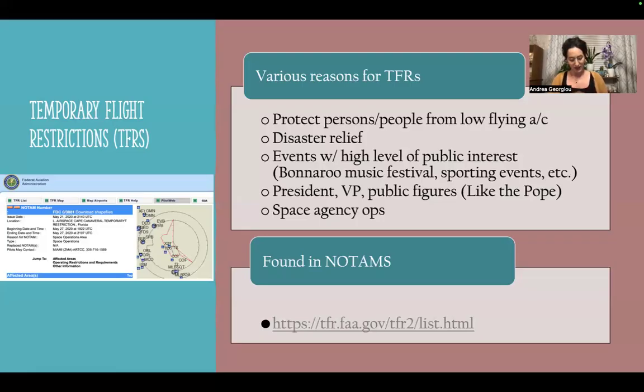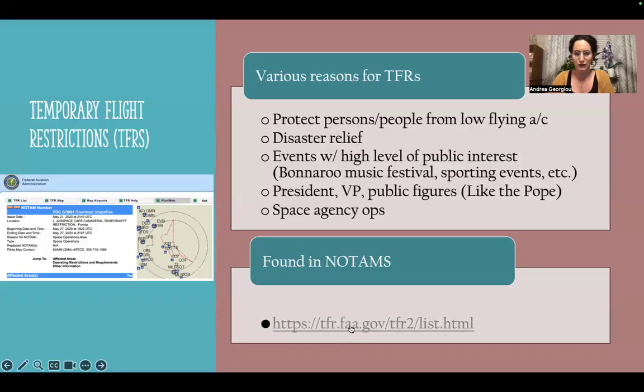And number 6 says provide a safe environment for space agency operations. So NASA launches, SpaceX launches, things of that nature. These are all different reasons. Also, Disney World and Disneyland have temporary flight restrictions. And any former United States president's home, like the George Bush home in Texas, has TFRs over them.